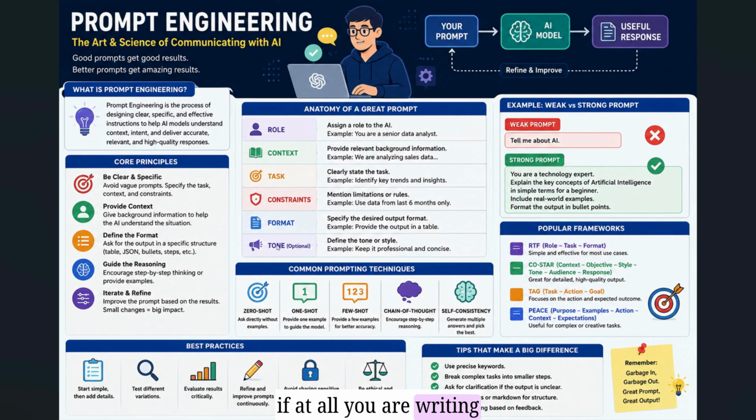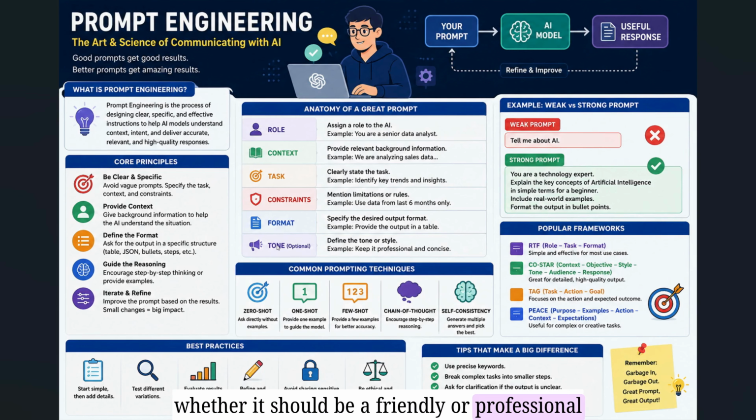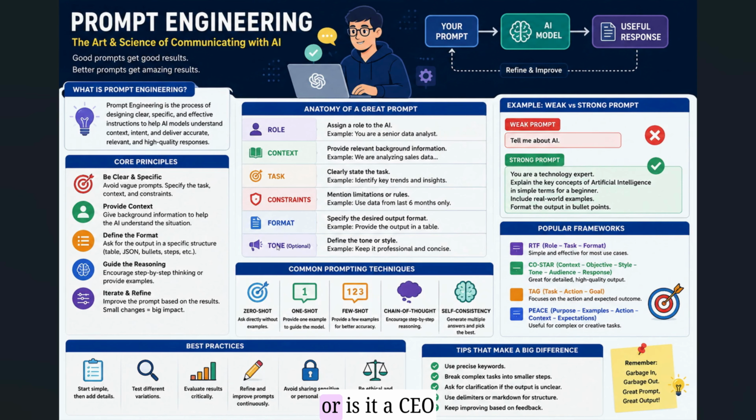If you are writing a specific mail, or a blog, you can set a tone for your blog, whether it should be friendly, professional, or serious, and what kind of format you want. It can be a PDF file, it can be JSON format, and constraints.